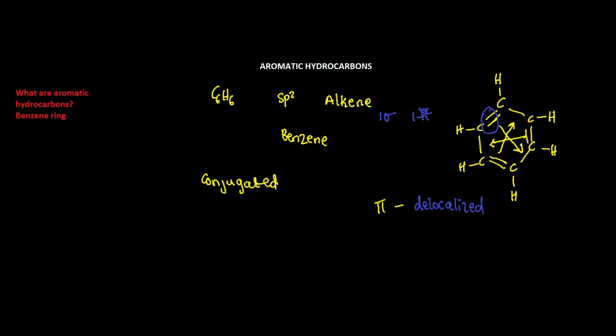This means that they have the ability to move. These electrons have the ability to move away from this region. They are not restricted only to that region. And so it has been discovered that the benzene ring doesn't actually have this structure. The structure is not restricted to this form.